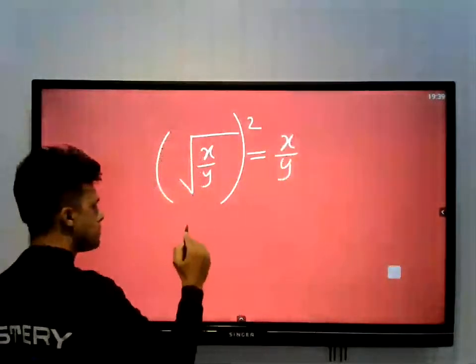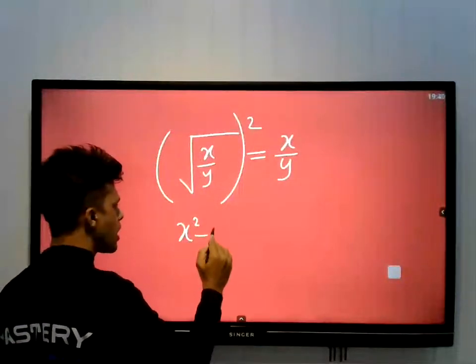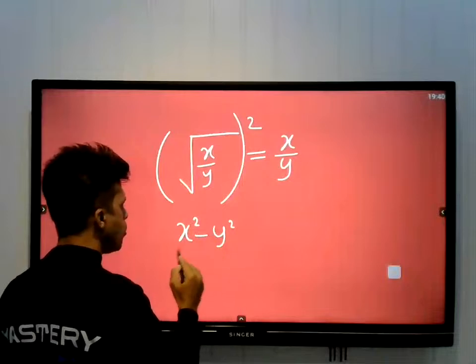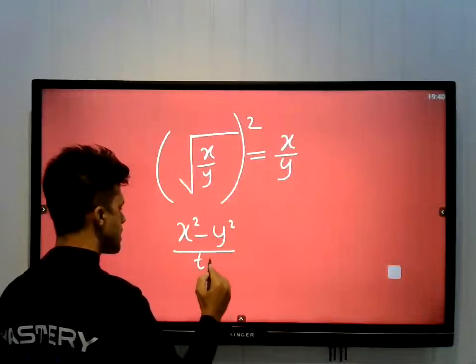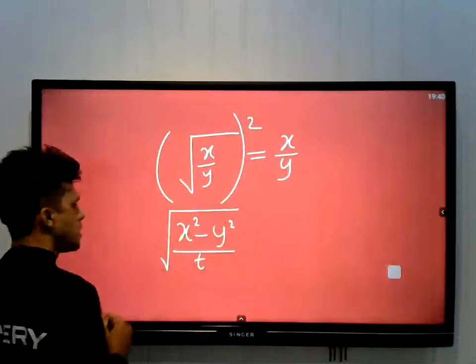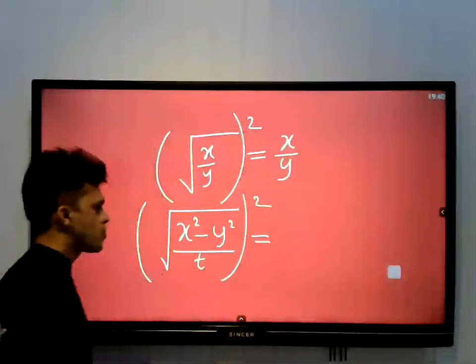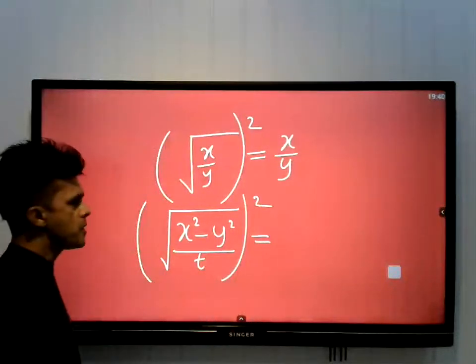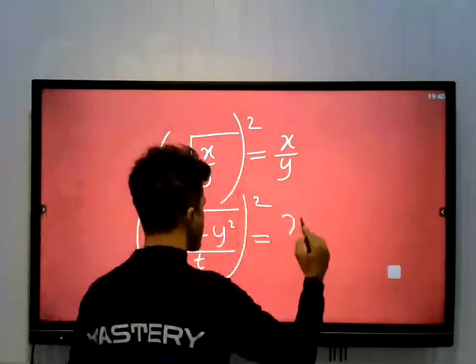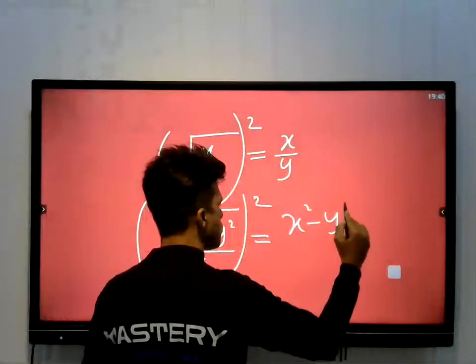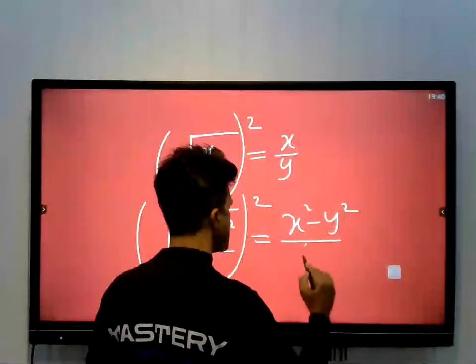Think of this one: the root of x squared minus y squared over t. When you get the square of this whole part, what should be the value? You need to remove the square and root: x squared minus y squared over t.